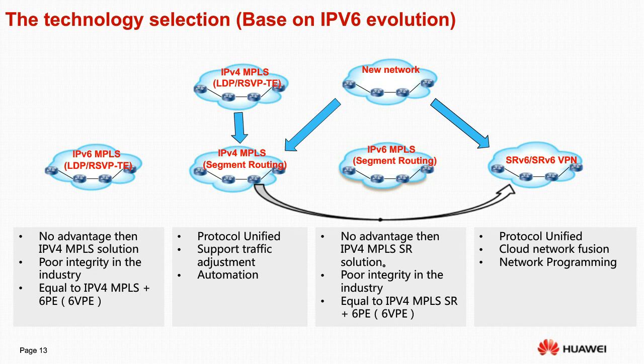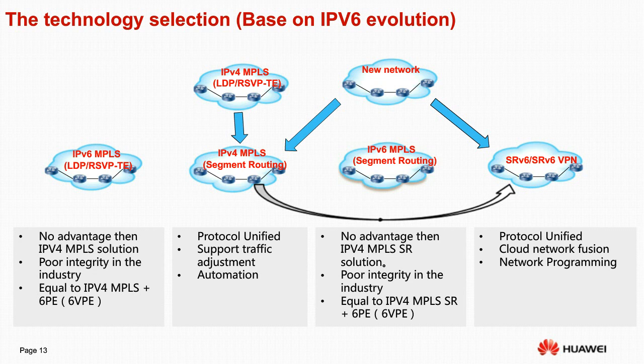Also, from IPv4 MPLS segment routing, we think the next step is SRv6 directly, not IPv6 MPLS segment routing, because in the future the network is data center centric. I think we need a unified protocol in the DC and the DCN network.